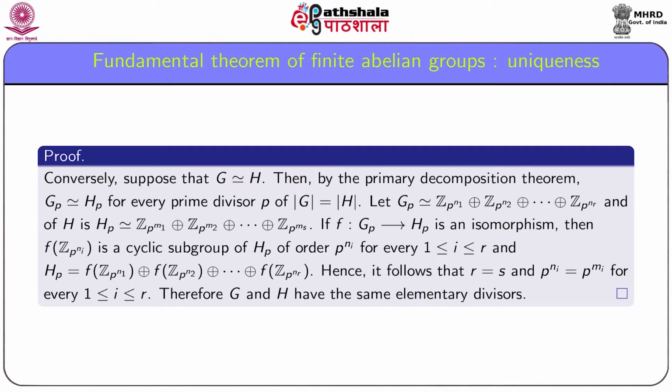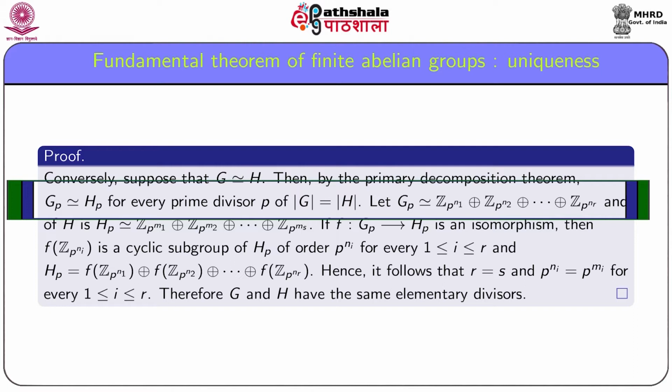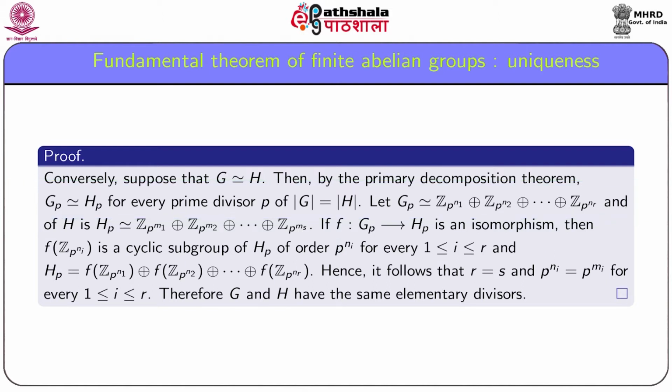Then, by the primary decomposition theorem, Gp is isomorphic to Hp for every prime divisor p of the order of G, which is equal to the order of H. Assume that the p-primary component Gp is isomorphic to Z p to the power n1 direct sum Z p to the power n2 direct sum, and so on, direct sum Z p to the power nr, and Hp is isomorphic to Z p to the power m1 direct sum Z p to the power m2 direct sum, and so on, direct sum Z p to the power ms.